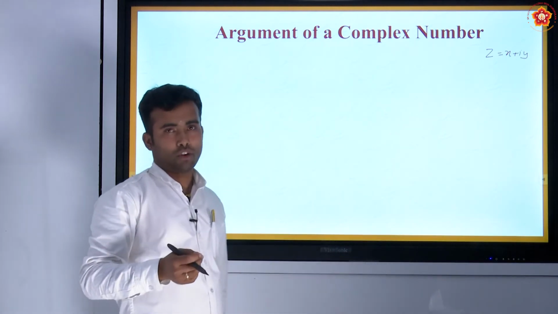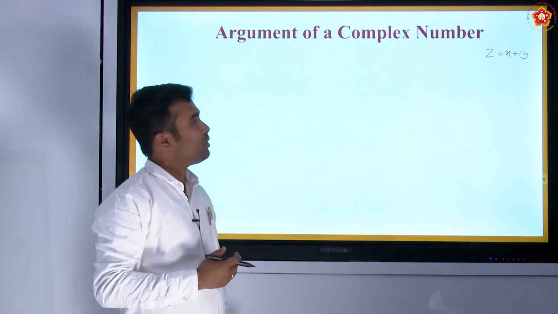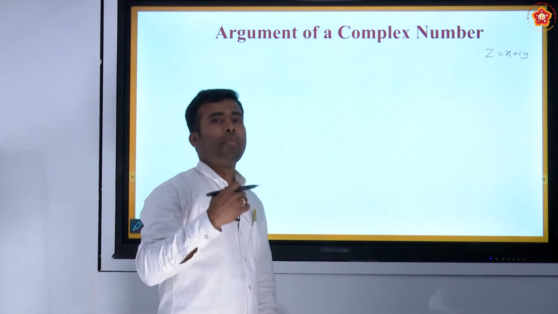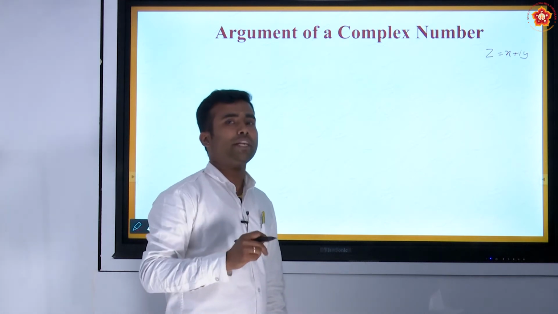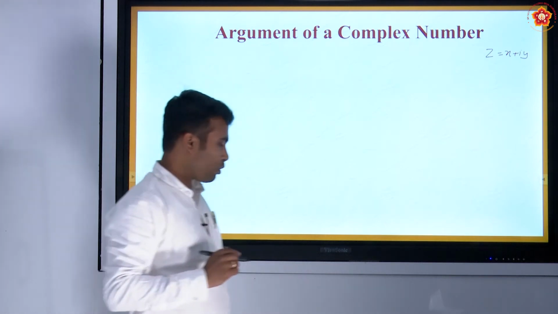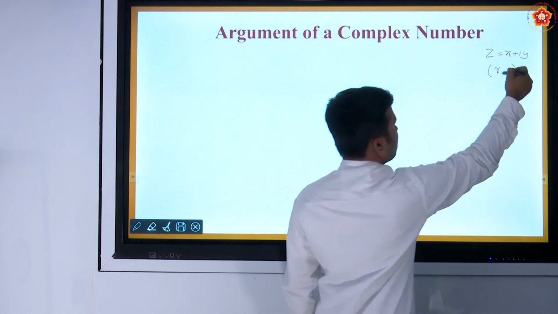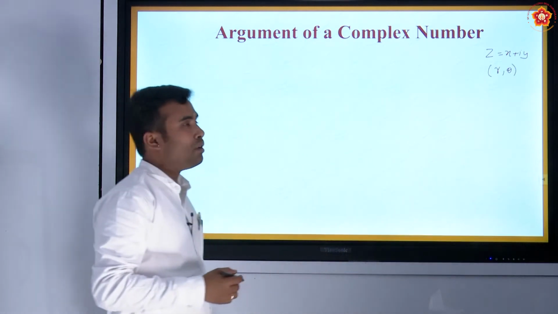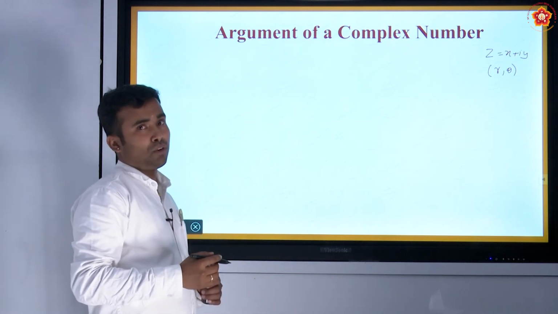Now let us learn how to represent a complex number in polar coordinates. As you know, polar coordinates are r comma theta. Now we have to represent the complex number in the form of polar coordinates.